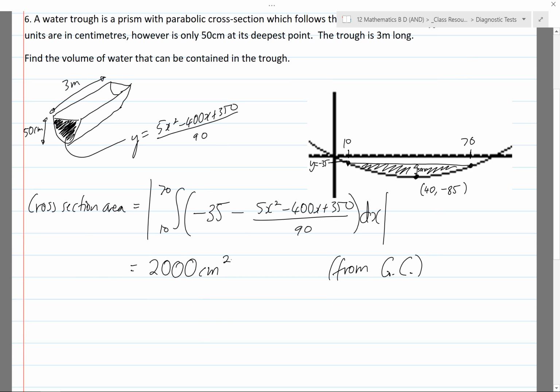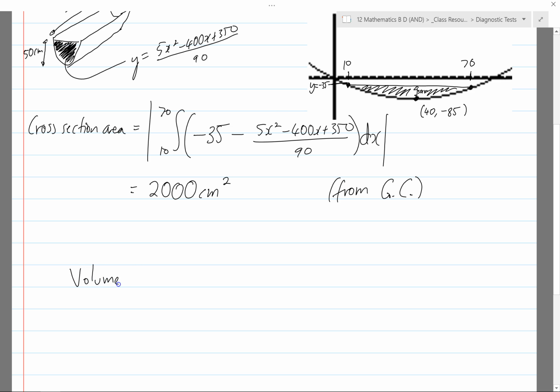Okay, I'm going to be finding the volume of this trough, which is going to be the area of the base times the height, because it's a prism. I note that my height is going to be 3 meters. So I think it's a good idea at this stage to convert this to meters squared.